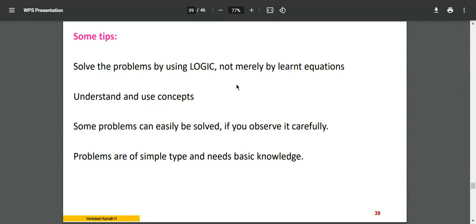I'll explain the problem first, then launch the poll. On your screen, you will see answer options A, B, C, D. Whichever you think is the correct answer, you have to check it. All problems will go like that.